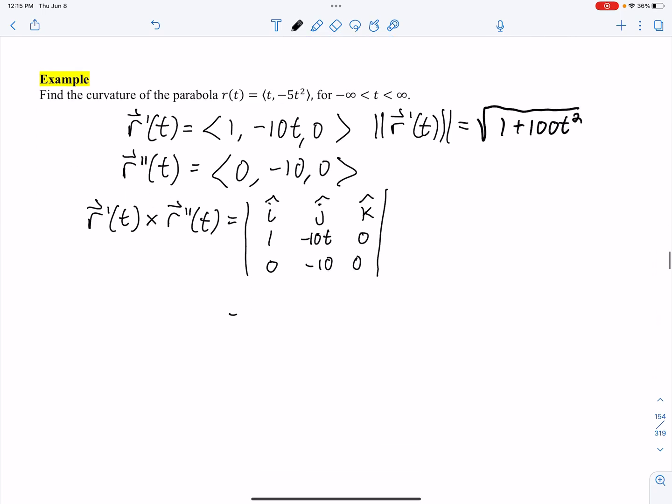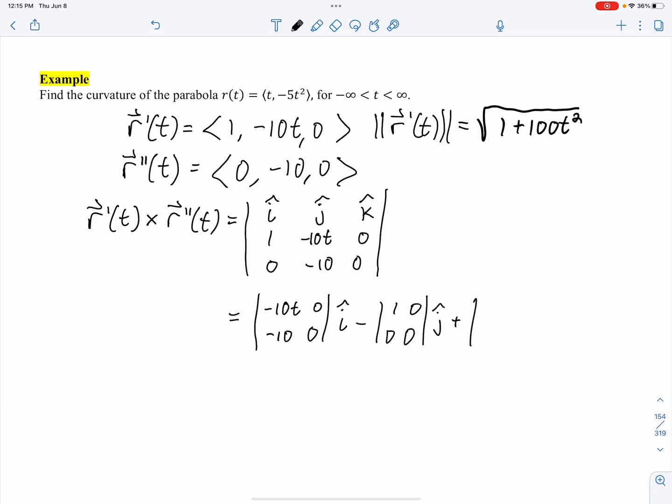1, negative 10t, 0, 0, negative 10, 0. All right, so we have the first one covering up your i's: negative 10t, negative 10, 0, 0, i, minus, cover up the j, I got 1, 0, 0, 0, j, plus, cover up the k, I got 1, negative 10t, 0, negative 10, and that is our k. Everything goes to 0 except for the k one. That's going to get me a, oh, there should be a 0 there. Okay, negative 10k.